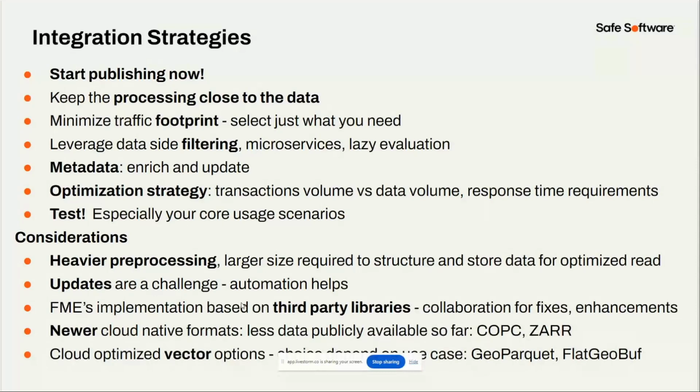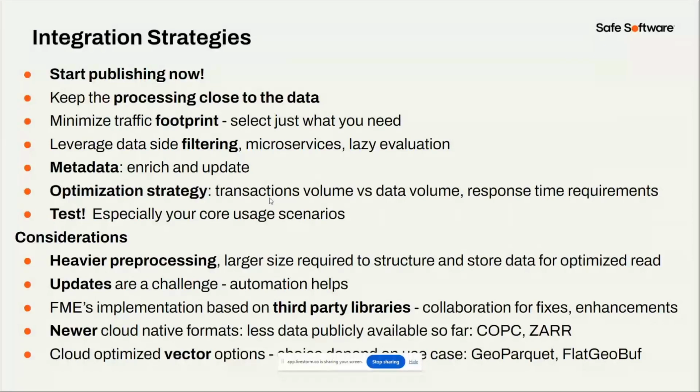A lot of it's free to access. Minimize your traffic footprint, keep your processing close to the data, and think carefully about your optimization strategy, because that will be based somewhat on your use case, and do test. I found that whole testing quite informative when I was doing that with the GeoParquet. And do realize that you do have some heavier pre-processing, because we are optimizing for read structure, as Michelle mentioned.